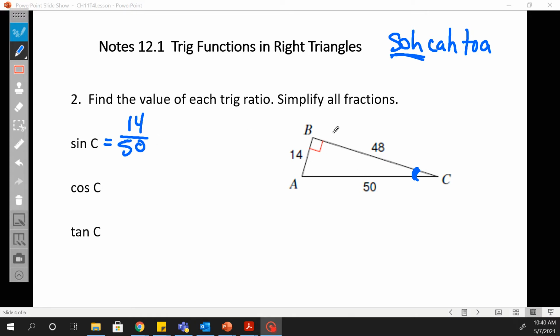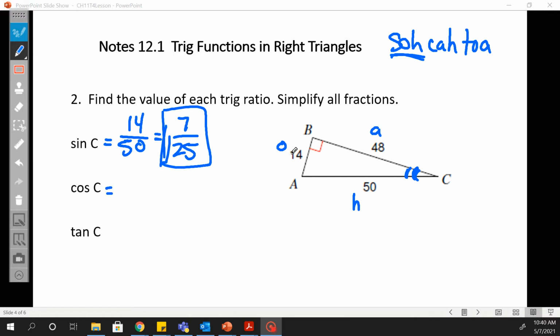It might be helpful, when you look at an angle, like angle C for all of these, to label this as opposite, this as adjacent, and this as the hypotenuse. So sine would be 14 over 50. These are both divisible by 2, so the sine ratio is 7 over 25.